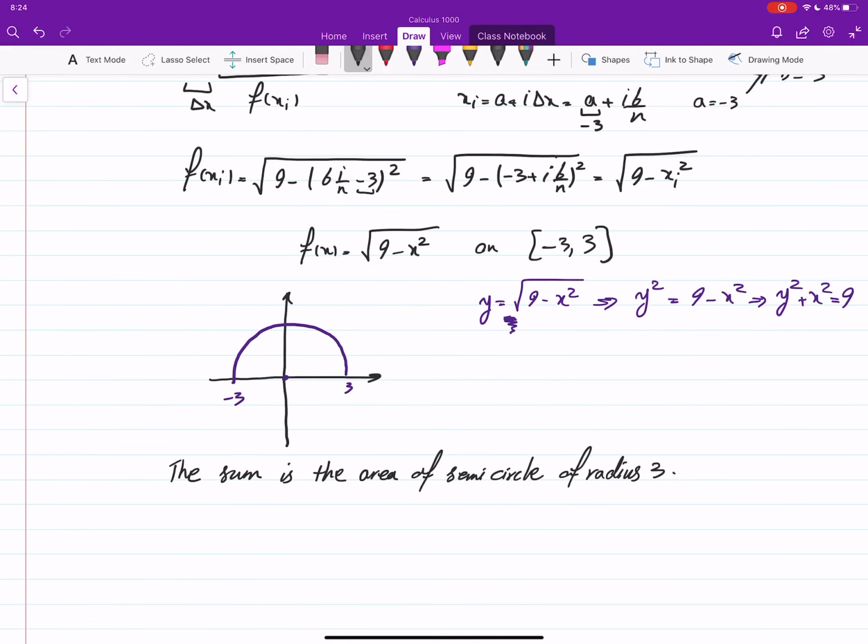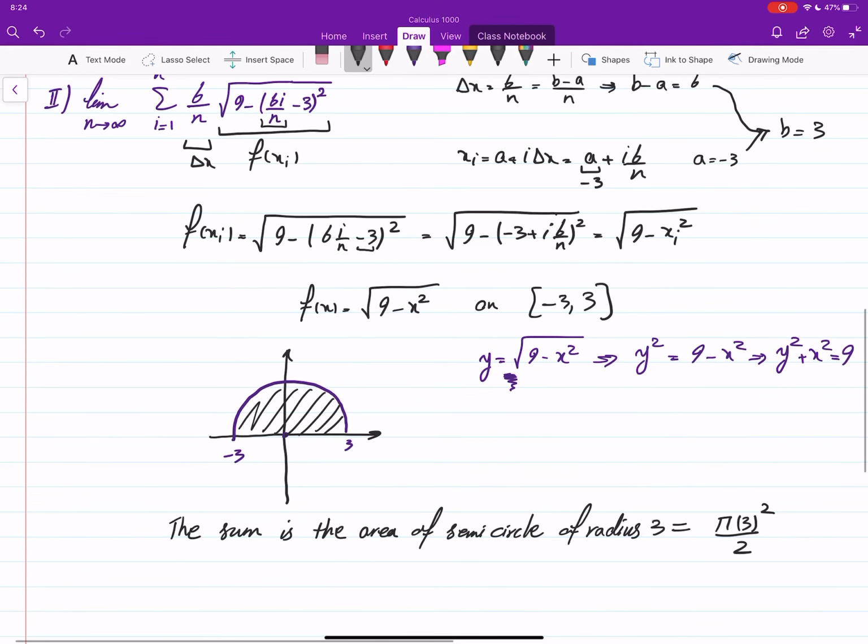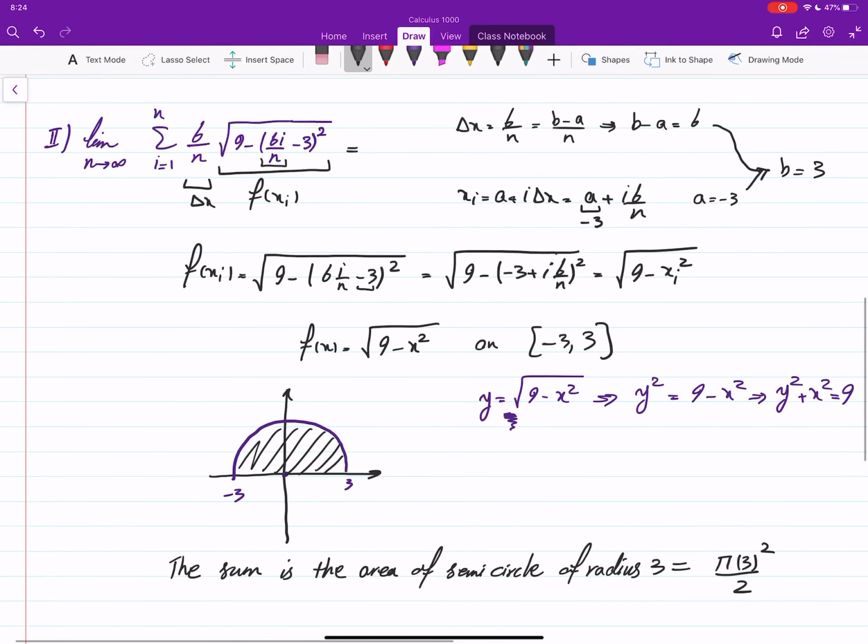Yeah, and we have a formula for that. We know that the area of a circle is pi r squared, but this is a semicircle, so this will be half of that. And as a result, you see that this limit, without any computation, I can say is 9 pi over 2.